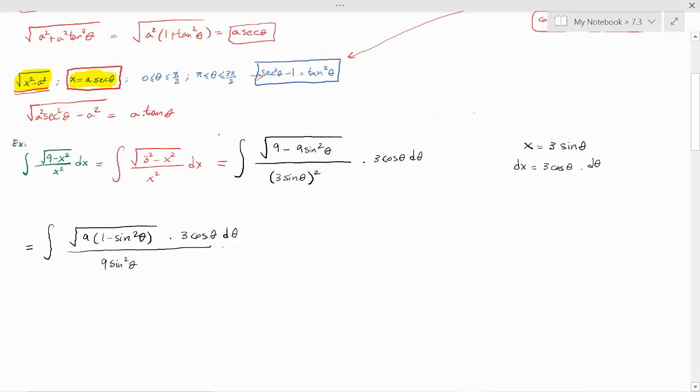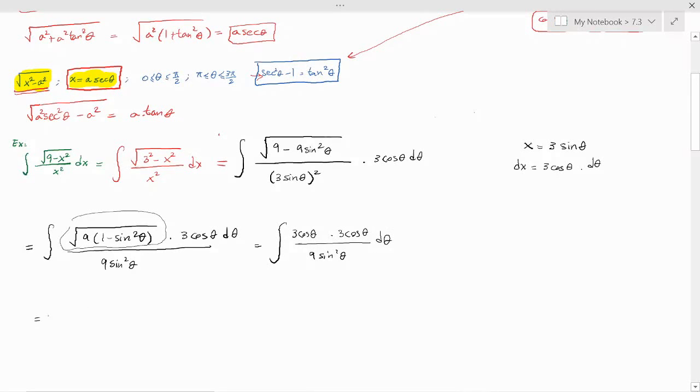Square root of 9 is 3. Square root of 1 minus sine squared, which is cosine squared, would be just cosine. So you would get the integral of 3 cosine theta, multiplied by another 3 cosine theta, divided by 9 sine squared theta, d theta.